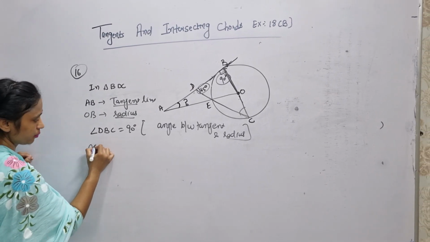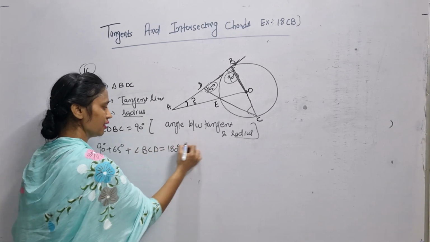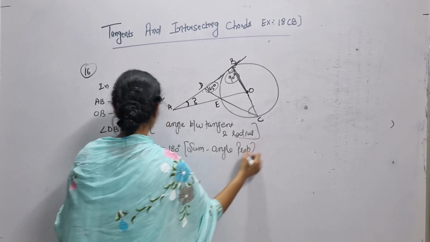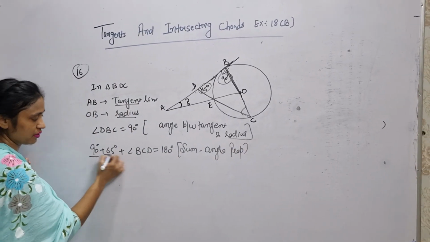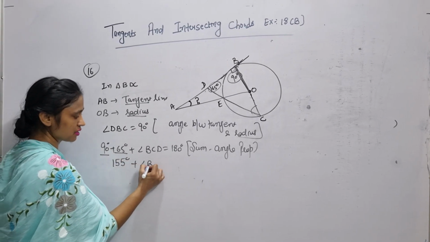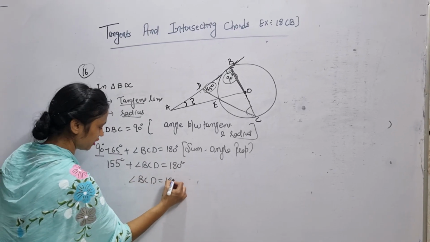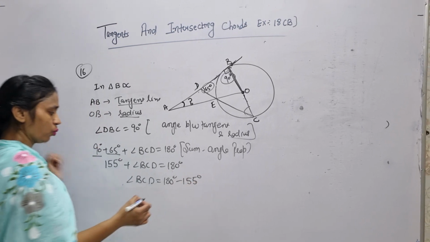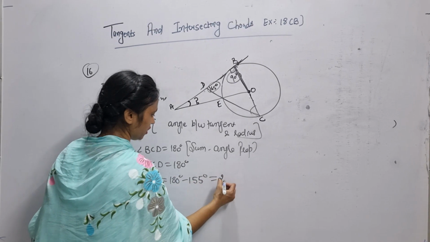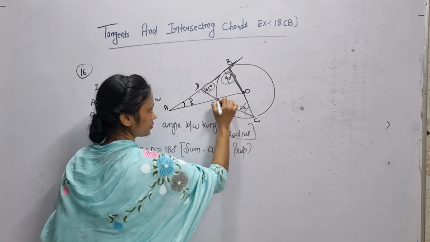So 90 degrees plus 65 degrees plus angle BCD is equal to 180 degrees, by the angle sum property. 90 plus 65 is 155 degrees, plus angle BCD is equal to 180 degrees. Angle BCD is equal to 180 degrees minus 155. It is 25 degrees.